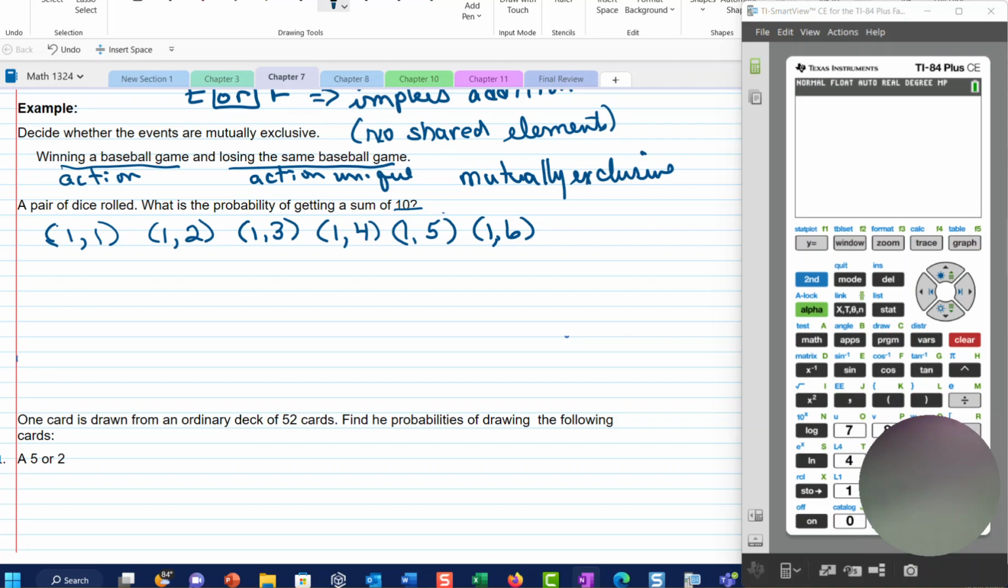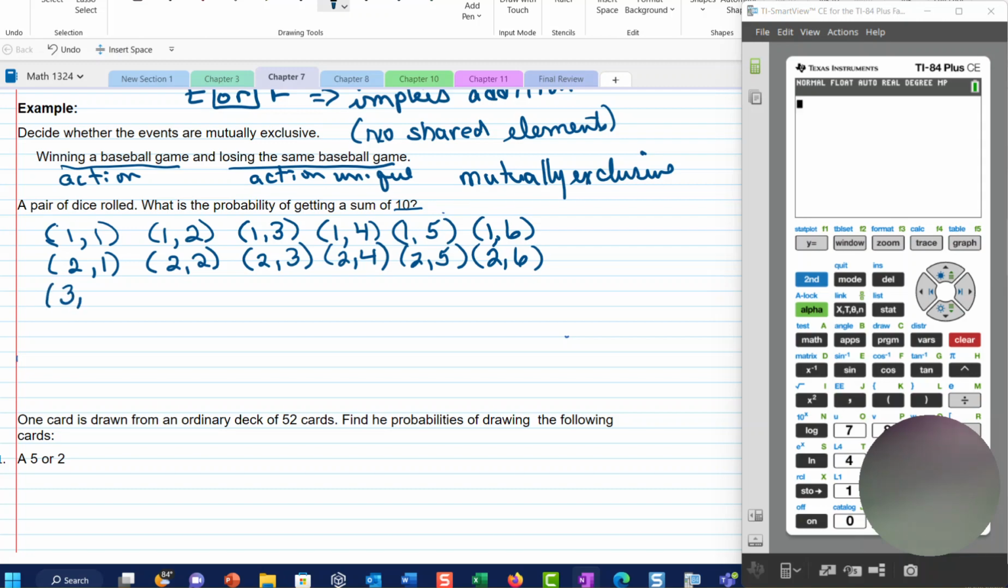All right. Then we could roll again and we could get a 2 and a 1, a 2 and a 2, a 2 and a 3, a 2 and a 4, a 2 and a 5, and a 2 and a 6. Now we're in the 3s starting off.